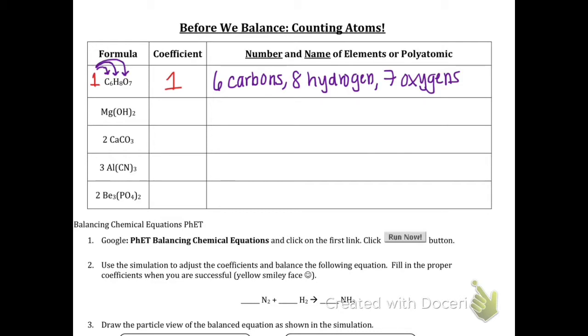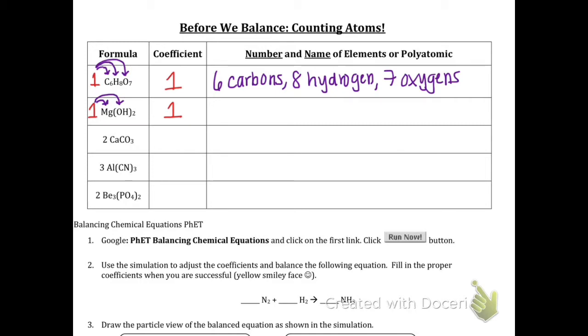Okay, what about another example? MgOH2 has no coefficient, no number in front, so we always assume that there is a 1. So the coefficient is 1. Now this coefficient always carries for every element or polyatomic.